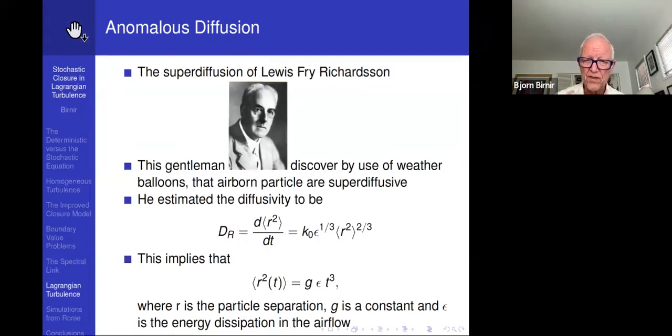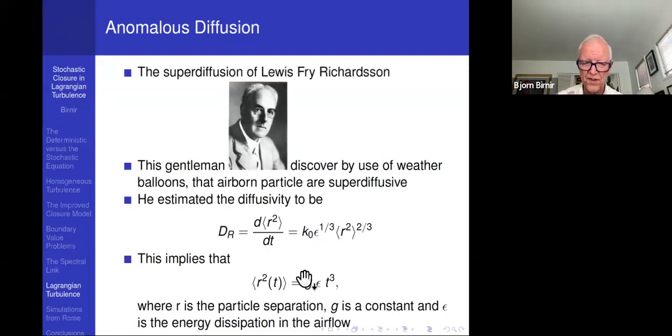Now, he discovered this by looking at weather balloons, and he estimated the diffusivity to be this function, where epsilon is the energy dissipation and r is the separation between the particles. That implies that the separation squared goes like t cubed.